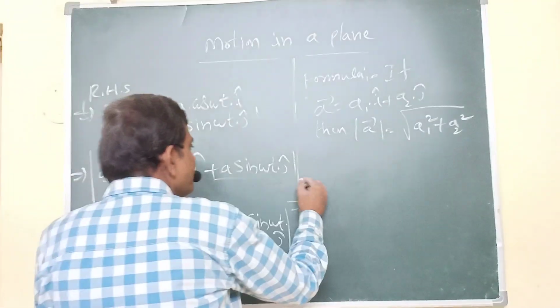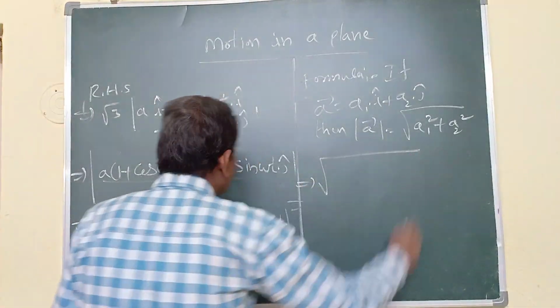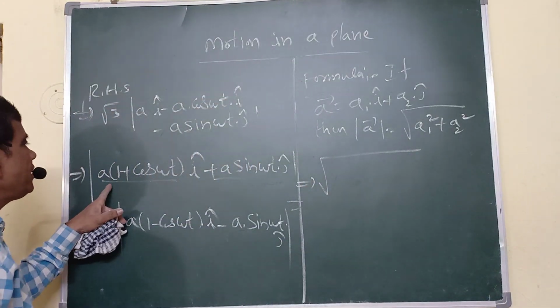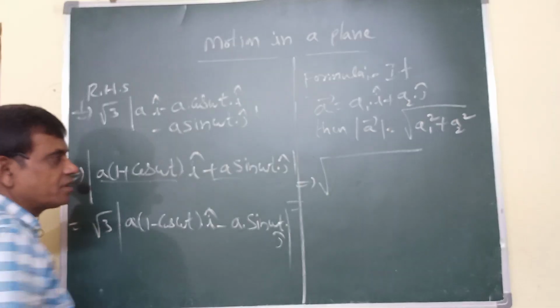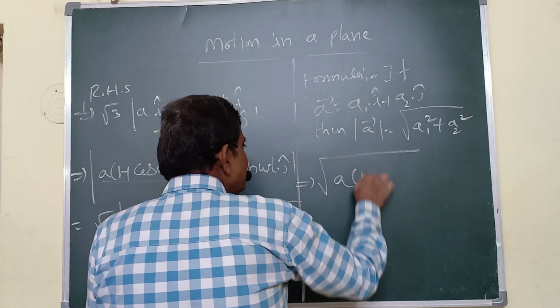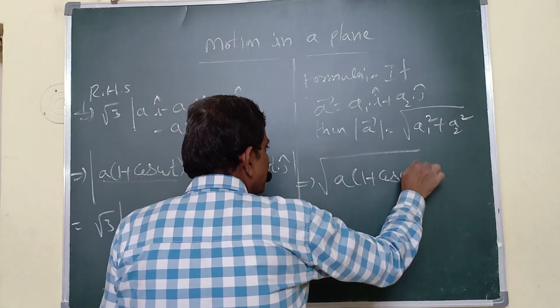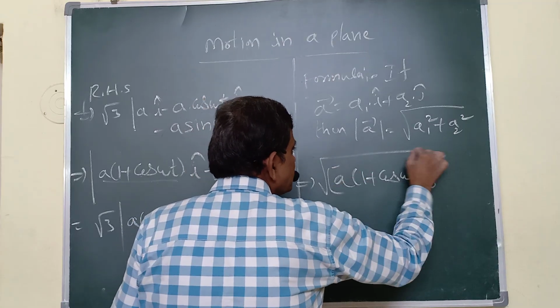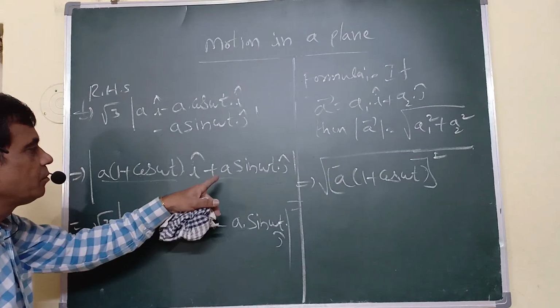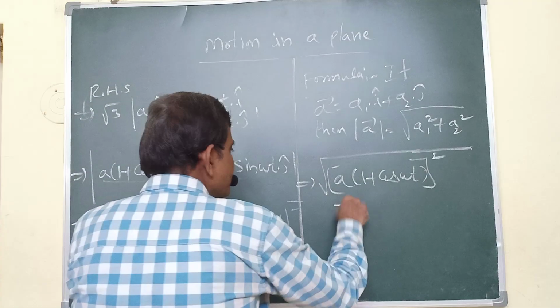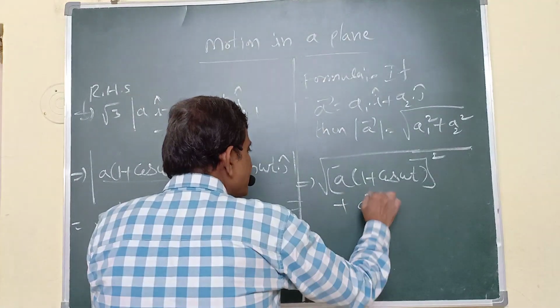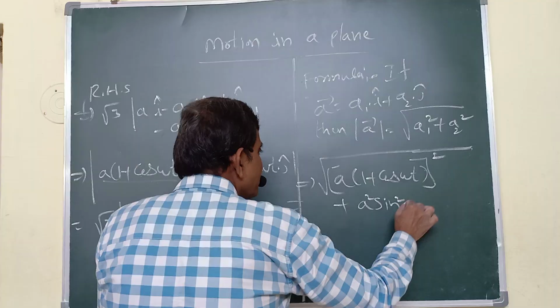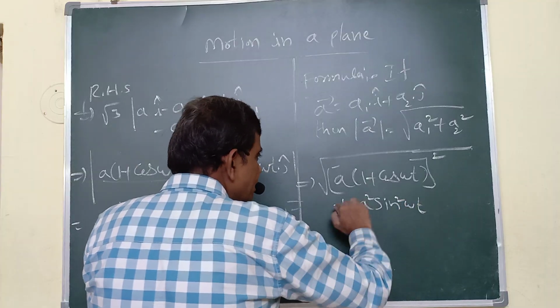So now what I am writing? Square root of A into 1 plus cos omega t whole square, that is A1 square, plus A2 square, which is A square sin square omega t. This is all inside the root.